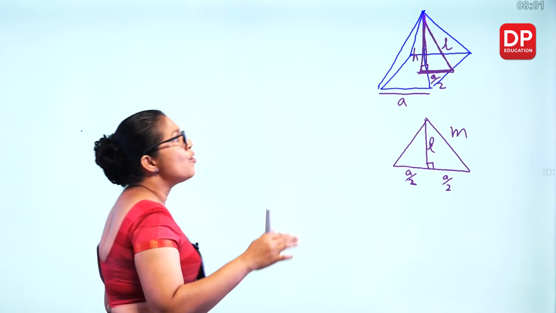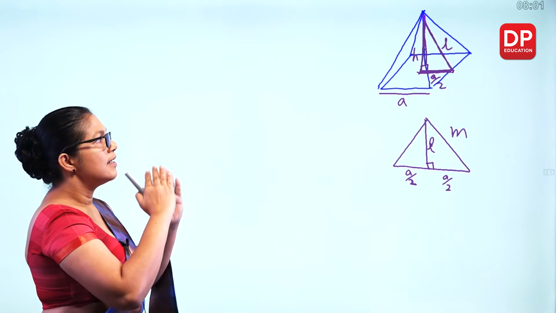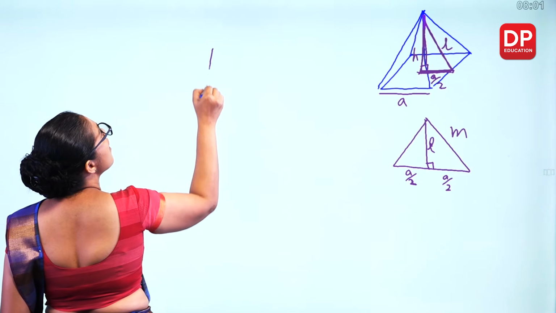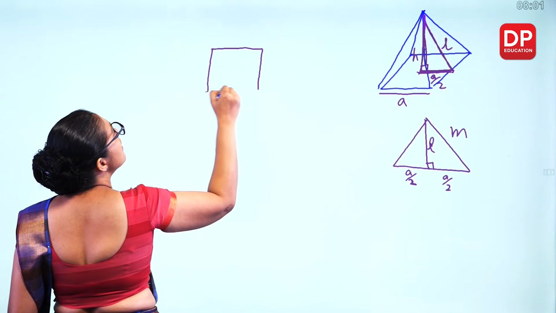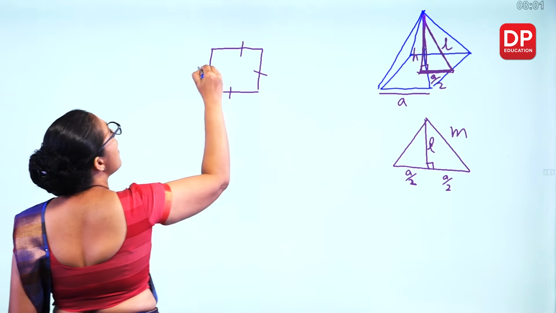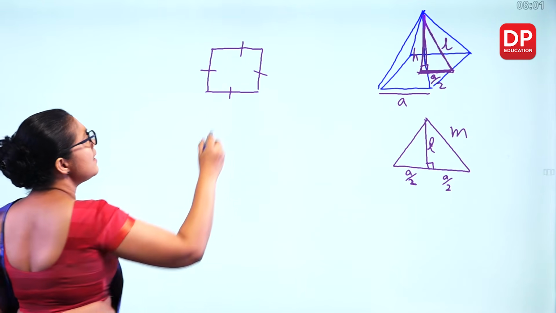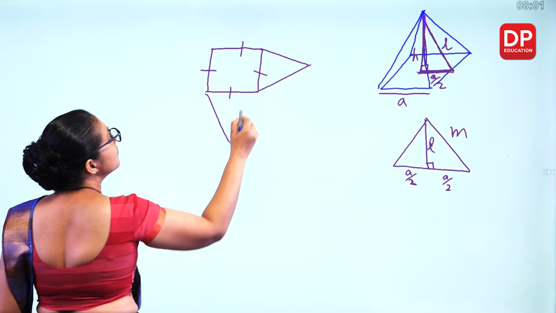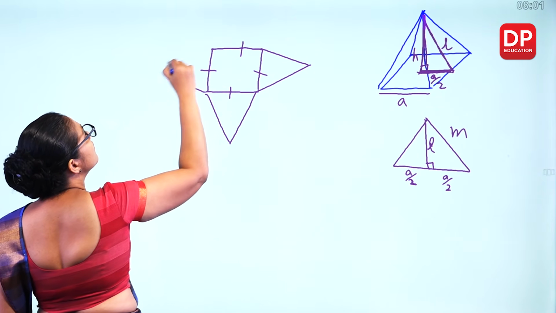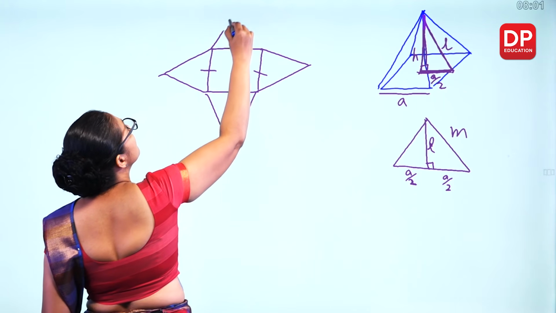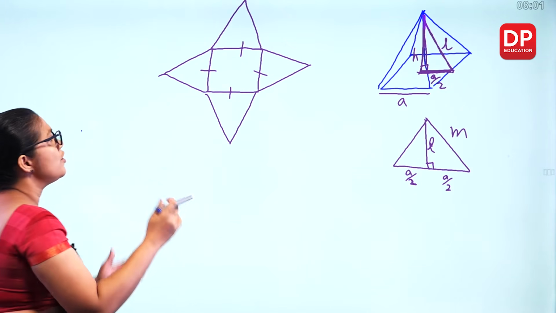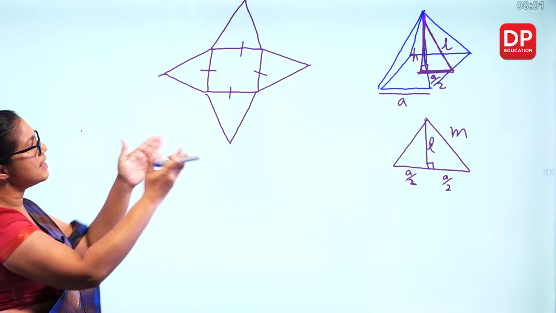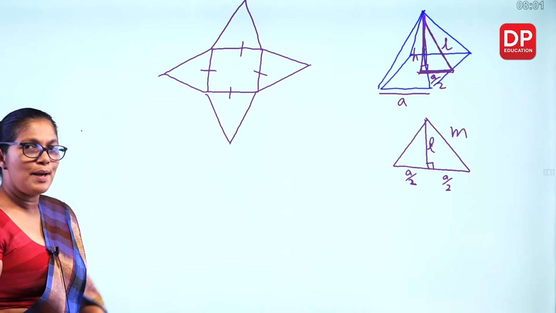And if you open this pyramid, what's the net of the pyramid you are getting? You are getting a square and then 4 triangles like this. When you close it this way and this way, you get the pyramid.